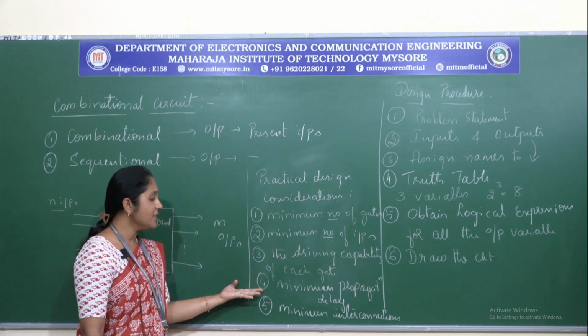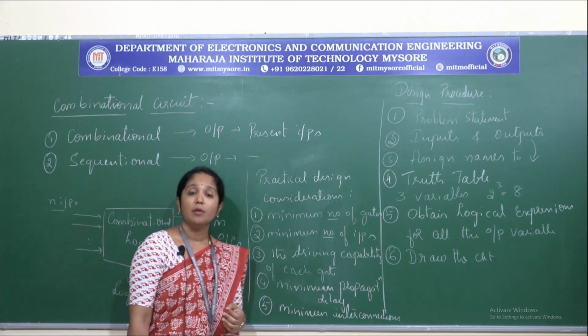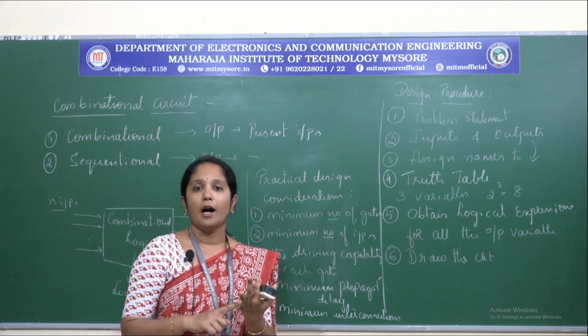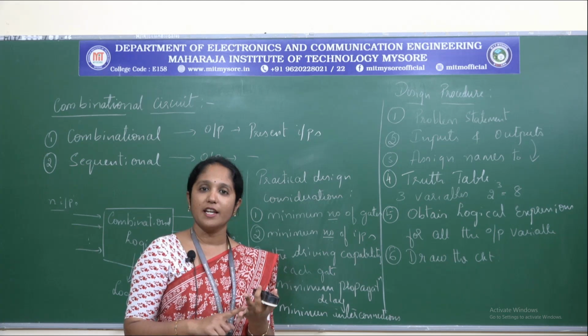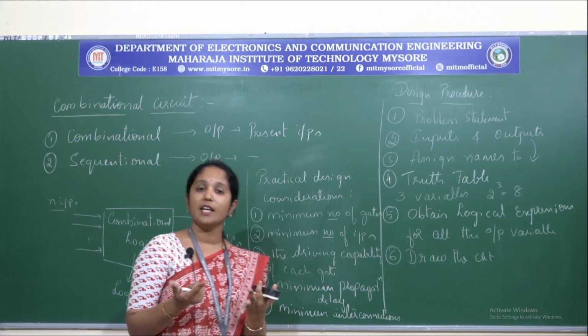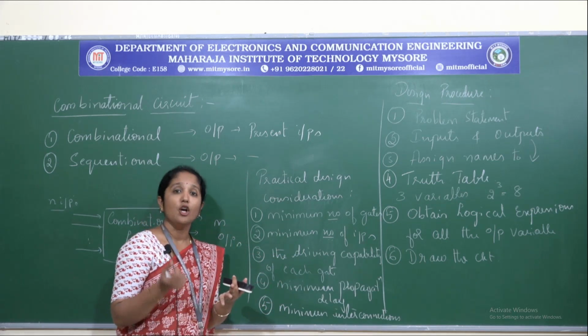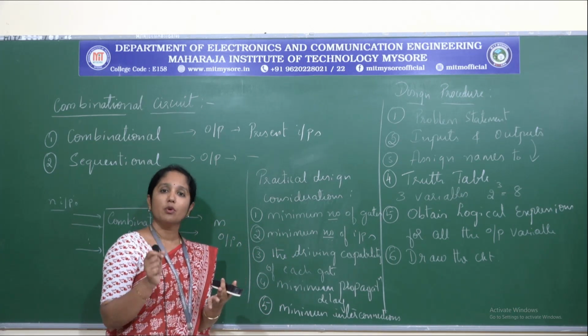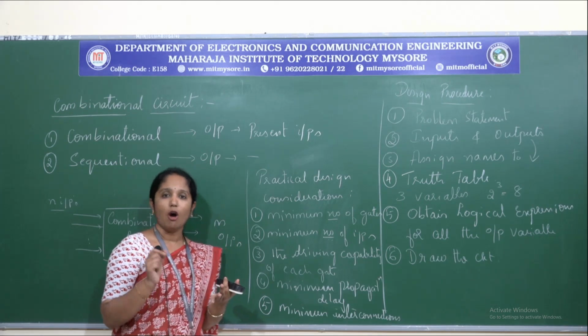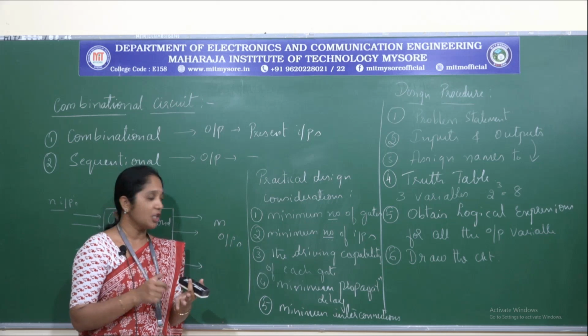The next consideration is minimum propagation delay. As I said, the main aspects we consider while designing any chip are speed, then area, then power consumption, etc. When we consider speed, if you want a very high speed circuit, then we need to reduce all the delays we have in the circuit.